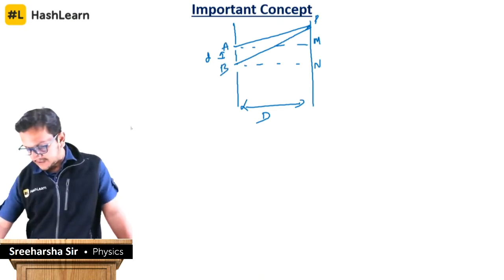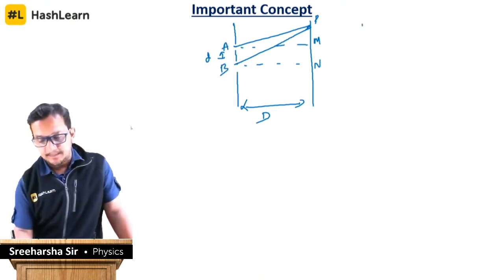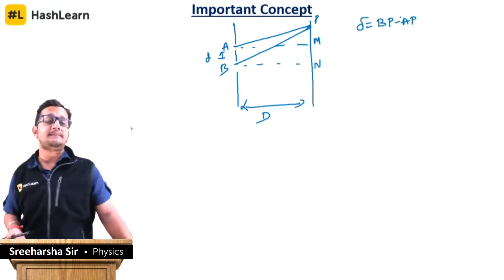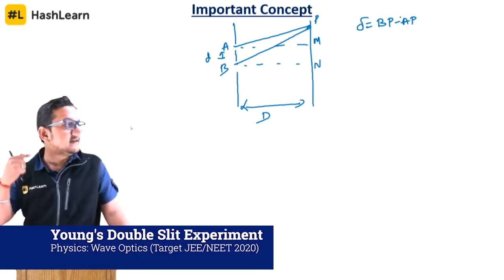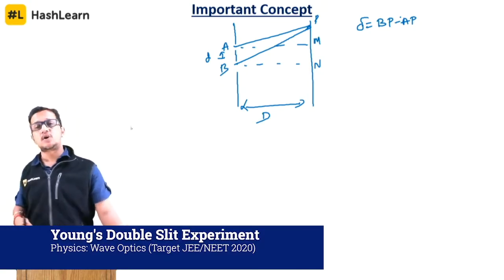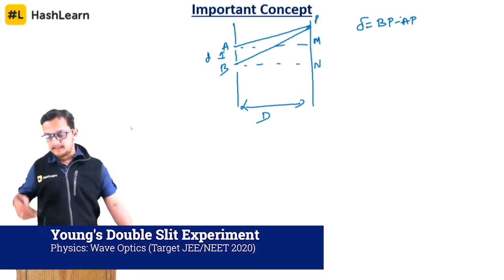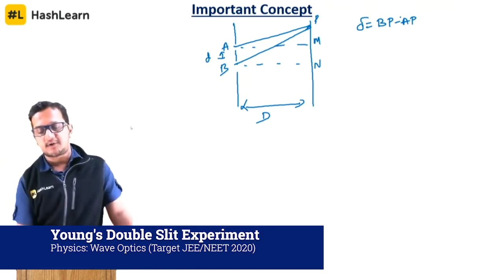So now in the triangle, the first thing is the path difference, which is given by BP minus AP. What is the path difference? The extra distance traveled by the wave is called the path difference. That can be calculated using the two right angle triangles.